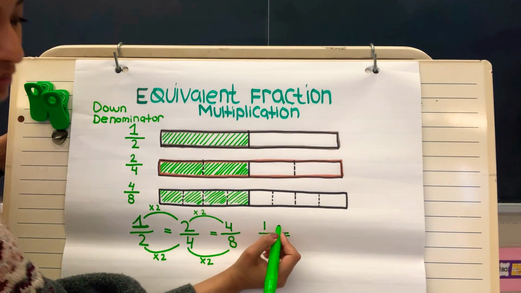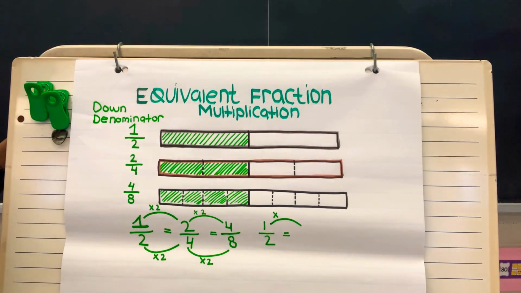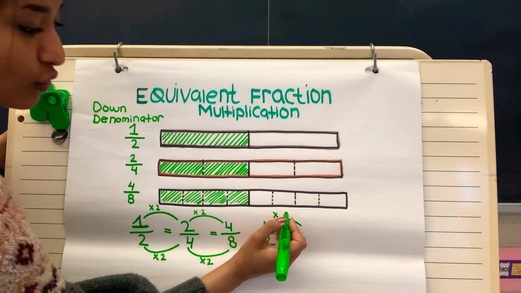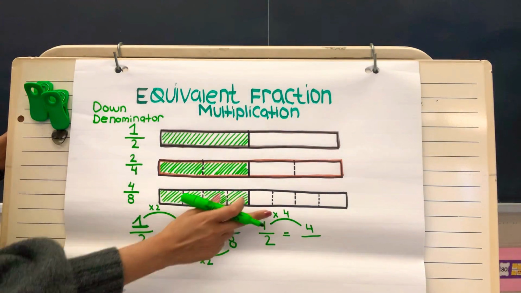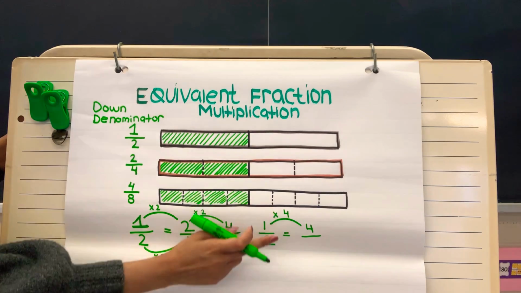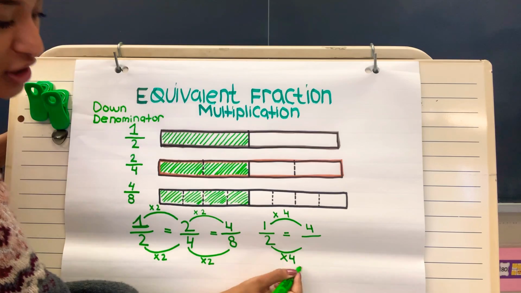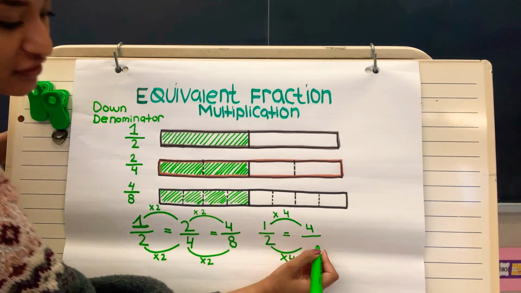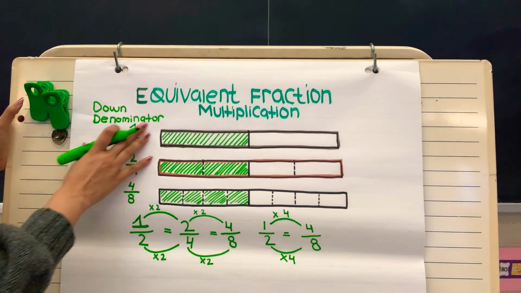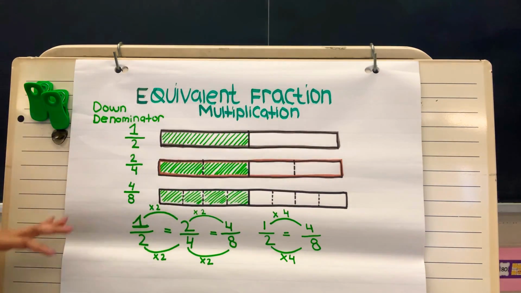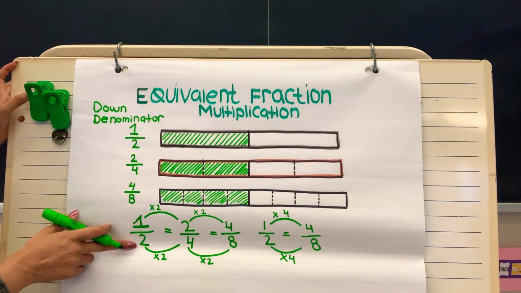In the 1 times table, only 1 times 4 gives me 4. Whatever I do to the top number, I do to the bottom number. 2 times 4 gives me 8. So these are your equivalent fractions. Whatever you do to the bottom, you do to the top.